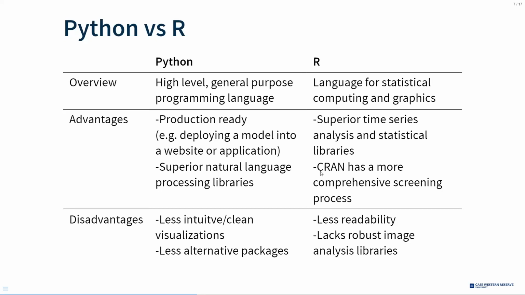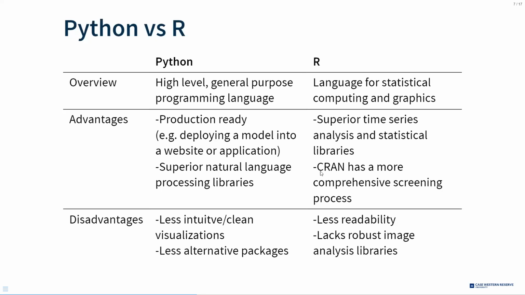So R has really great visualization libraries to produce very nice looking plots, and does a really great job of doing data manipulation and statistical analysis tasks, I think in a much more coherent fashion than Python might.